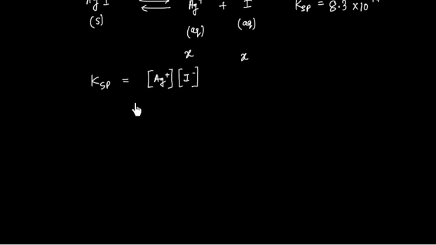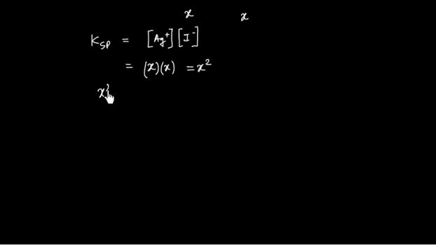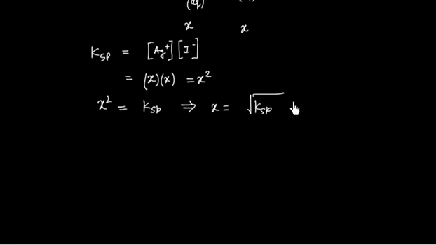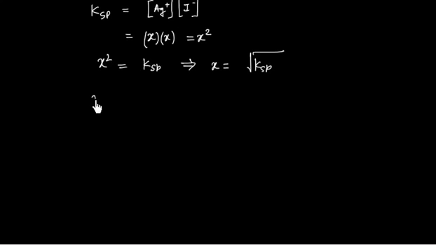Now the concentration of Ag plus is x, and the concentration of I minus is also x. So this is x into x, this is x square. x square is equal to Ksp. So from here we can write x is equal to square root of Ksp. The Ksp value is given as 8.3 into 10 to the power minus 17.